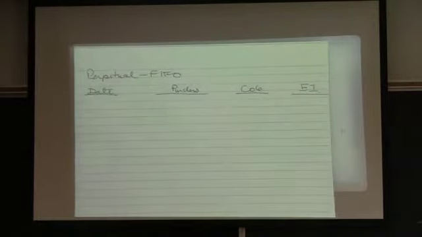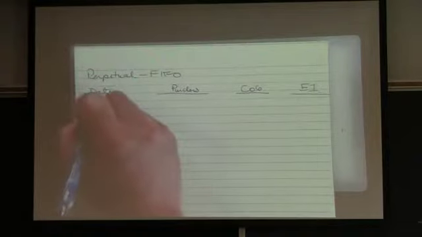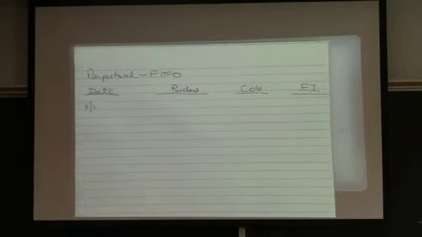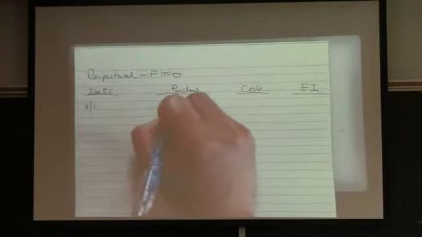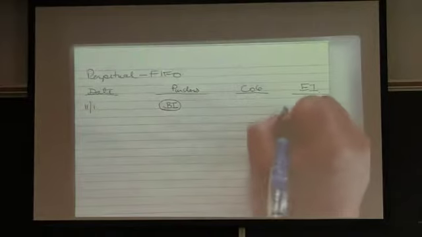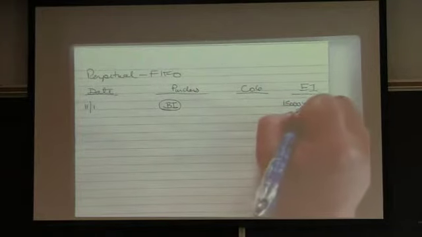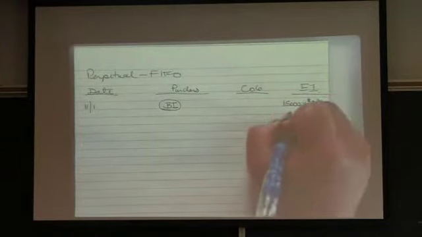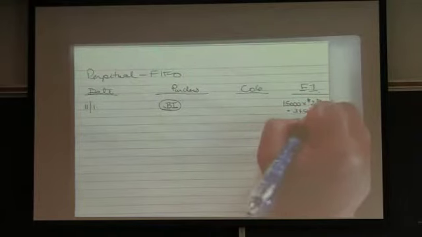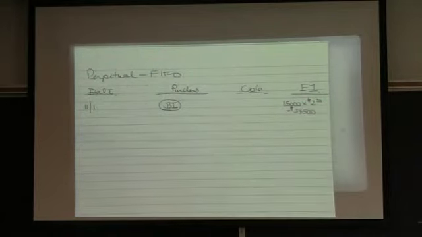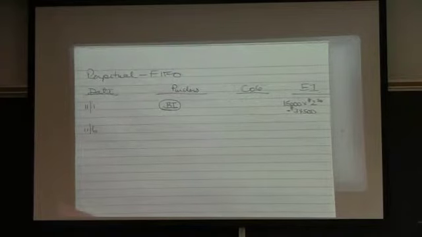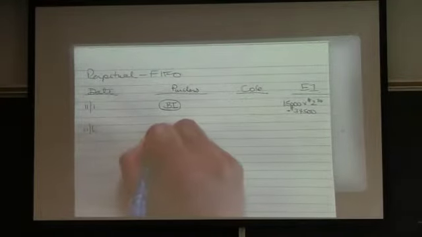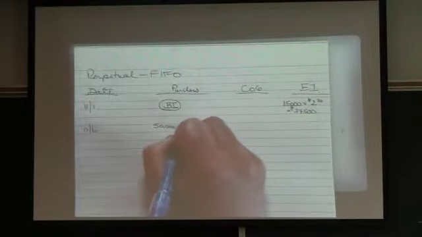So let's look at the first one. They had a beginning inventory on November 1st. So I'm going to put down beginning inventory. We had 15,000 units times $2.30, which is 34,500. Then on the 6th, we had a purchase, and we bought 50,000 units at $2.40.